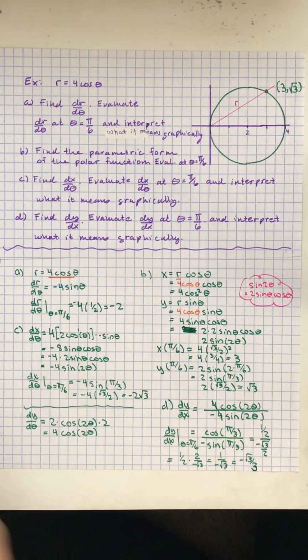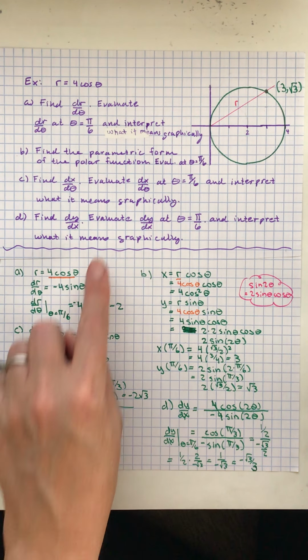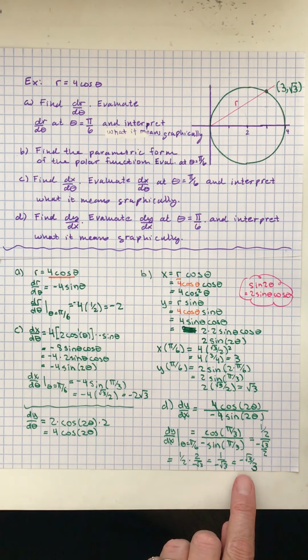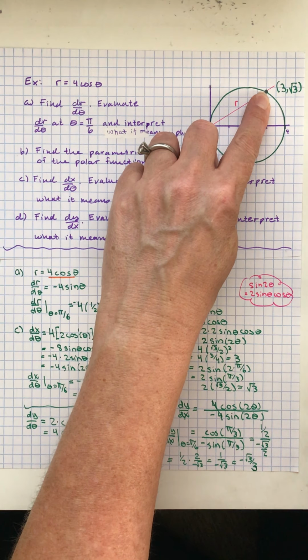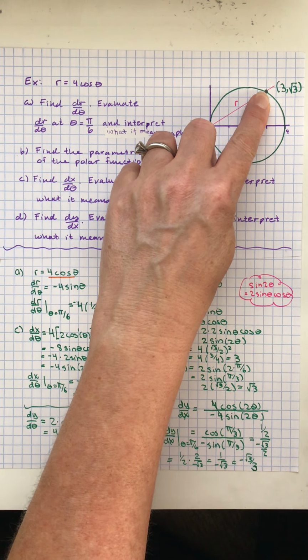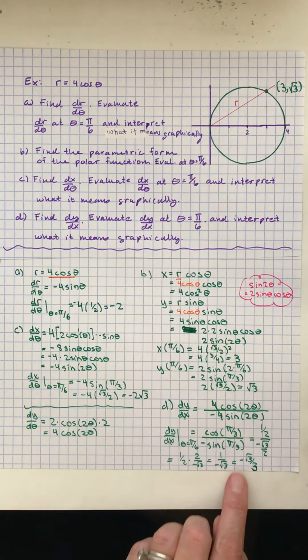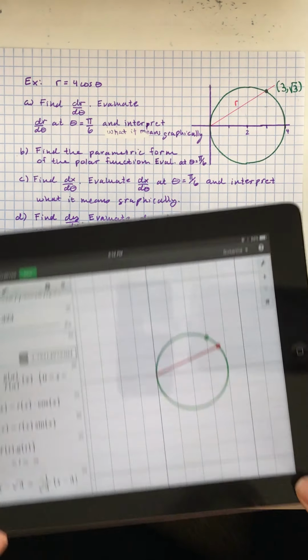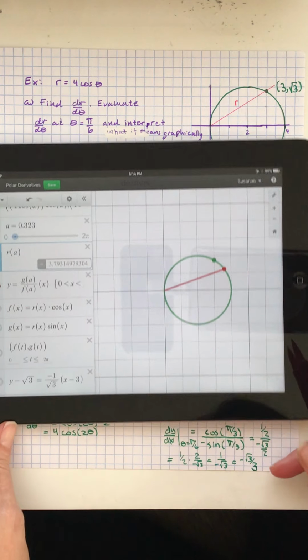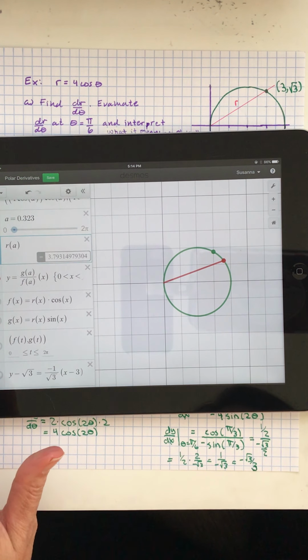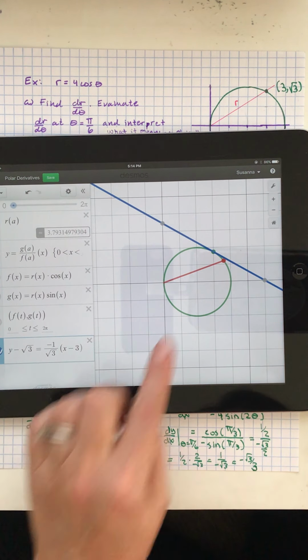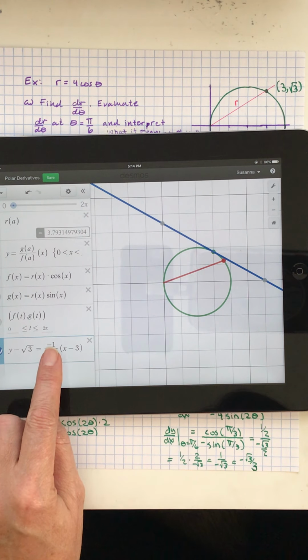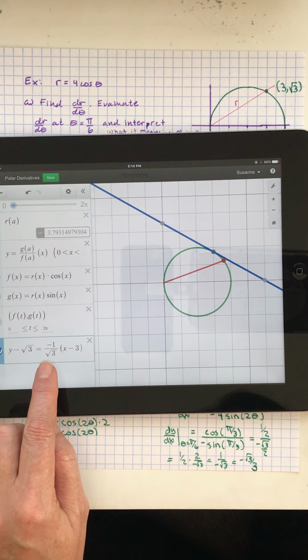I do have this all set up on Desmos, so I thought that I would show you. As far as interpreting this graphically, it just means that the slope of the line tangent to this point when theta is pi over 6 is -√3/3. So that line is this one, and that's our slope of -1/√3 or -√3/3.